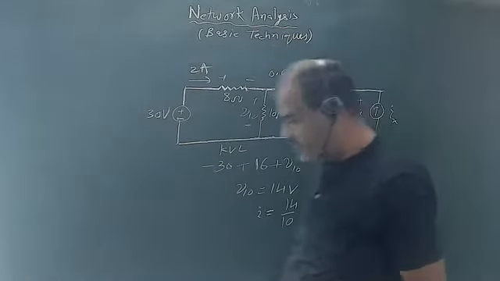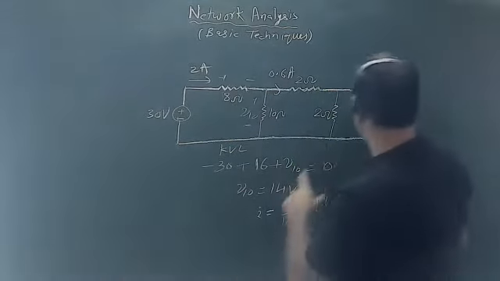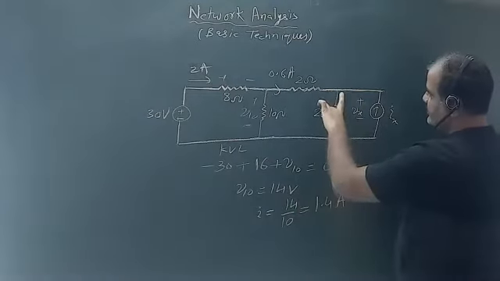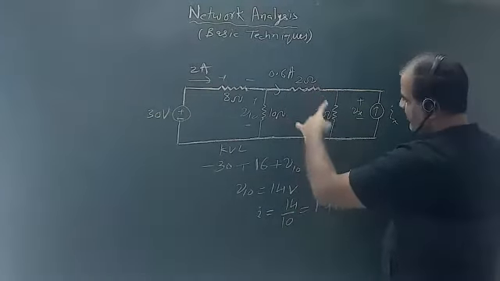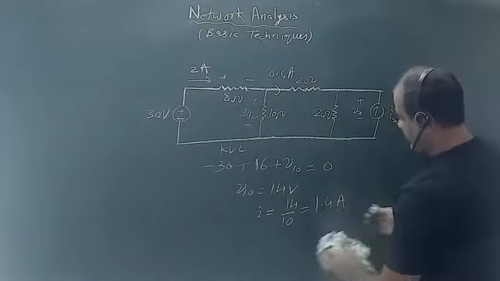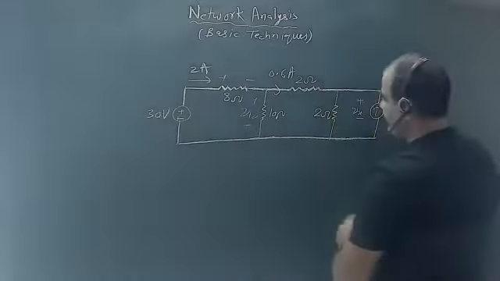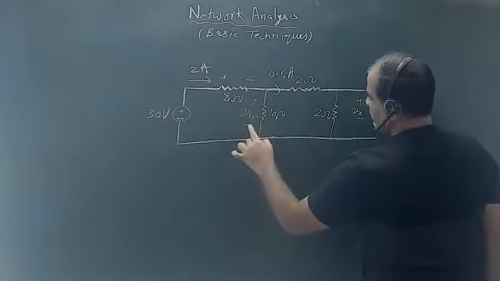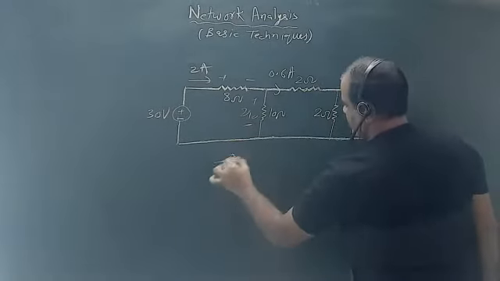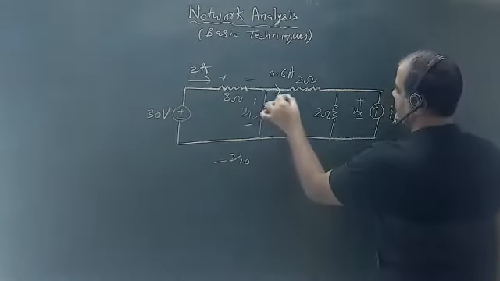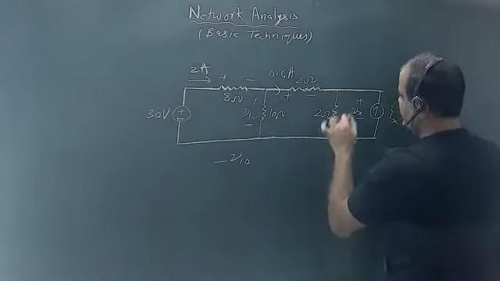Okay, so now my aim is to calculate Vx. Okay, so this is Vx, so I can apply now KVL in this second loop. So if I apply KVL in second loop, this will give me minus V10, plus Vx is already there.